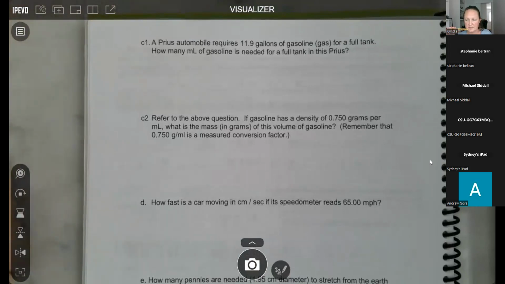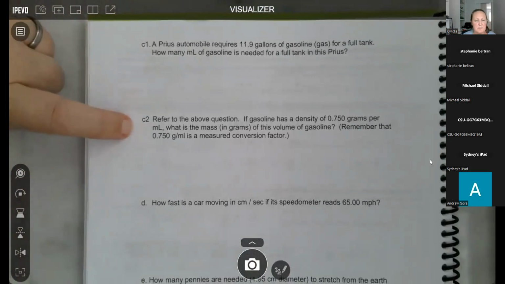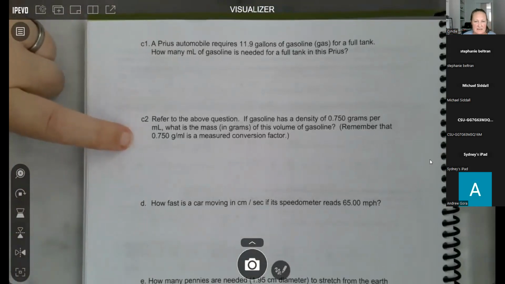Fairly similar. Maybe C2. C2 is probably a little bit harder. Okay, refer to the above question. If gasoline has a density of, refer to the above question means we actually have to do that one. Well, let's go ahead and do both of them then.